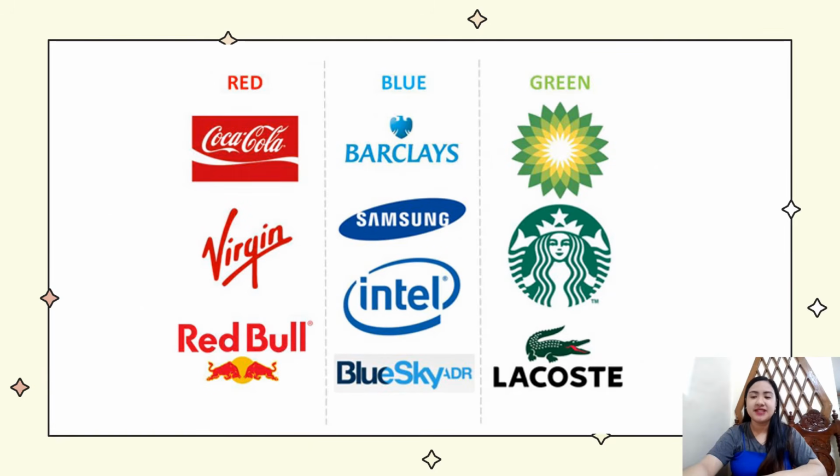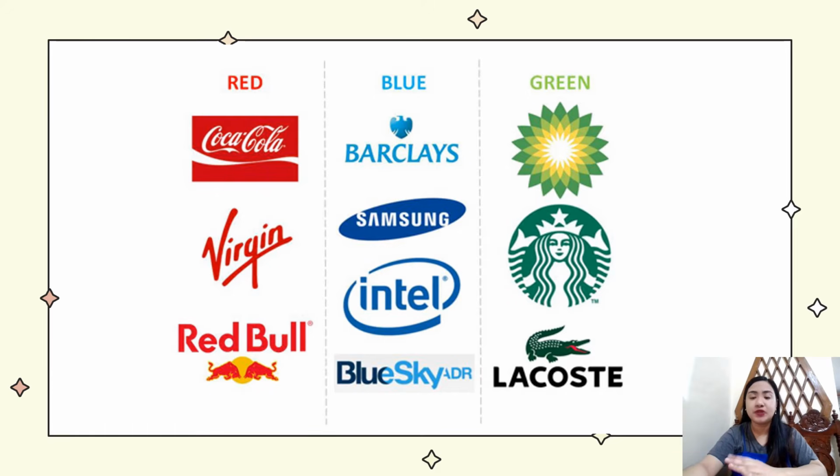So here are some examples of companies which put into consideration the meanings of the color in creating their logo. Some companies use the color red, which means passion and adventure.